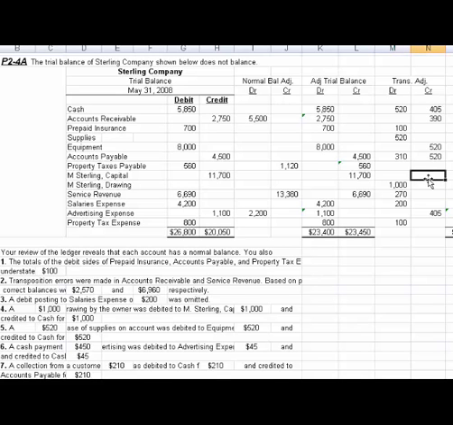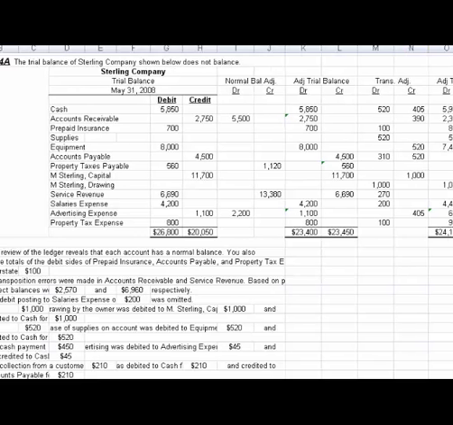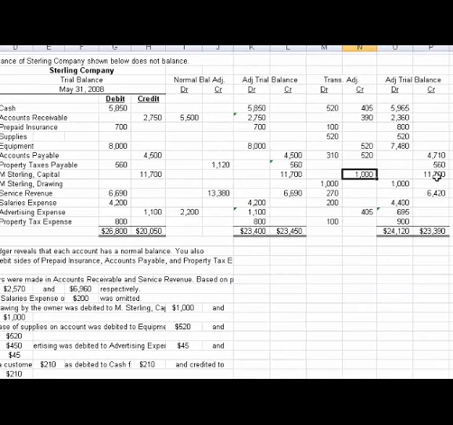We need to correct the error that was debited to capital, so we add back that $1,000. Then once we do that, we need to compute the new capital balance. So instead of that being 11,700, we take the 11,700 we start with, and we add in that $1,000 adjustment we made.